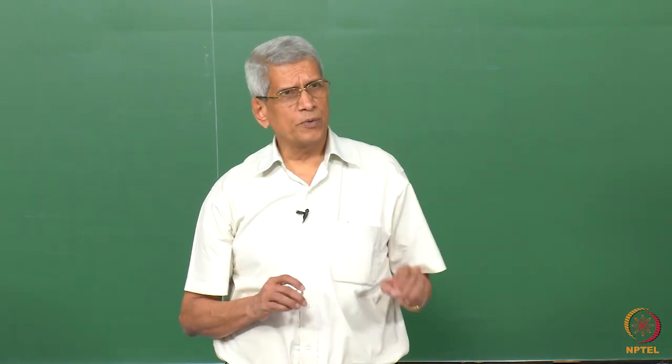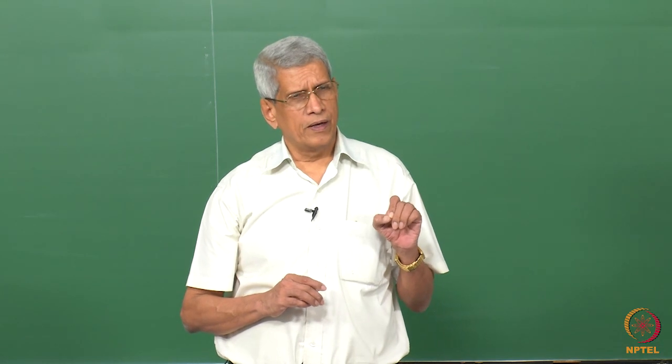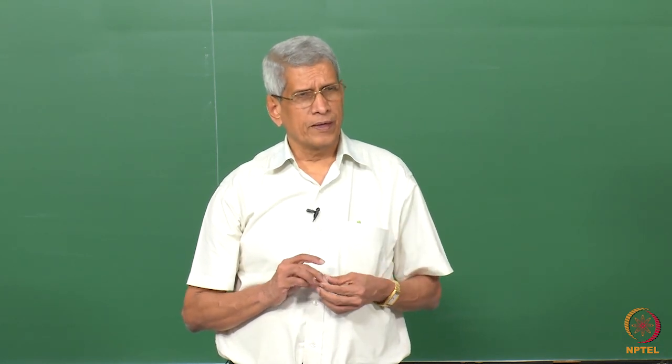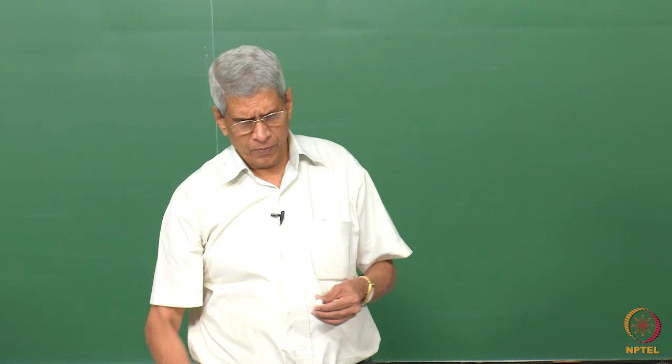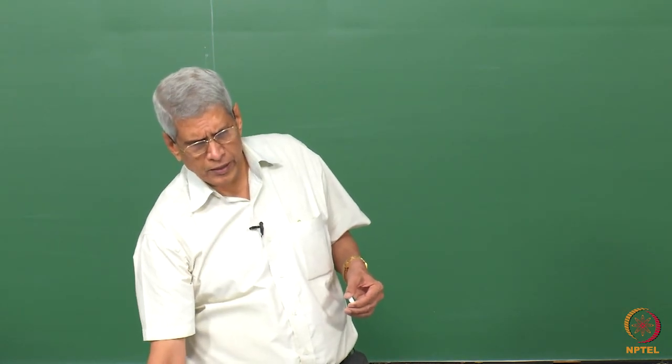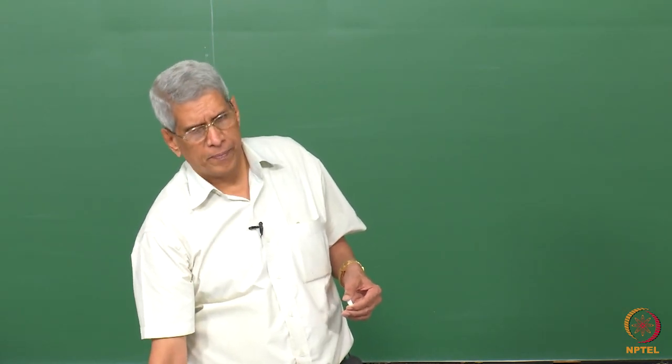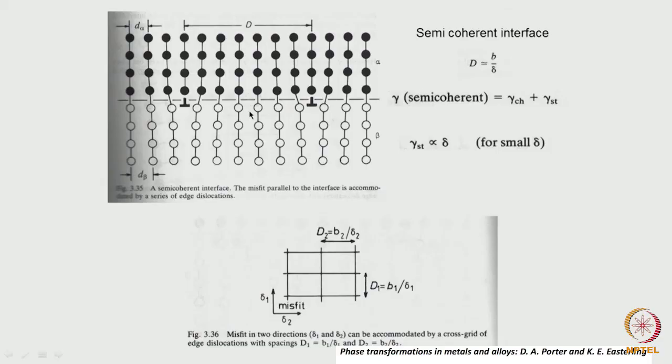And another thing one should understand is that, as I mentioned, the smaller the delta, the distance between the dislocations becomes very large. If the precipitate size is smaller than this, then no dislocations will be punched out, and essentially it will maintain coherency.